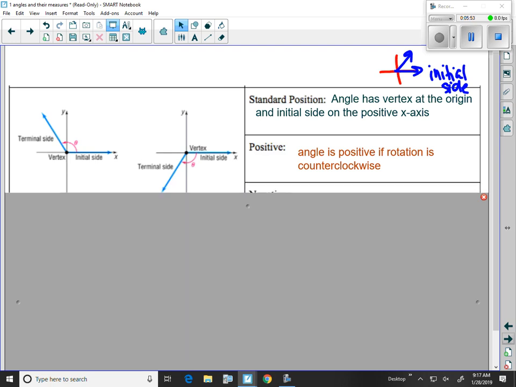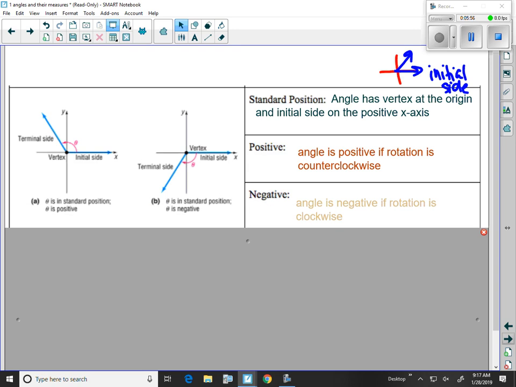Negative is going to be clockwise. So here we start at our initial side, we move down, which is a negative angle, and that's moving clockwise. One thing I do want to point out is both of these angles are in standard position because that initial line is starting on the positive x-axis.